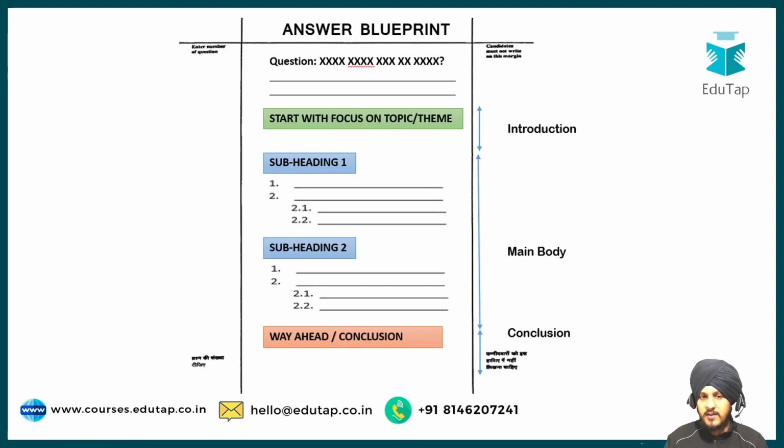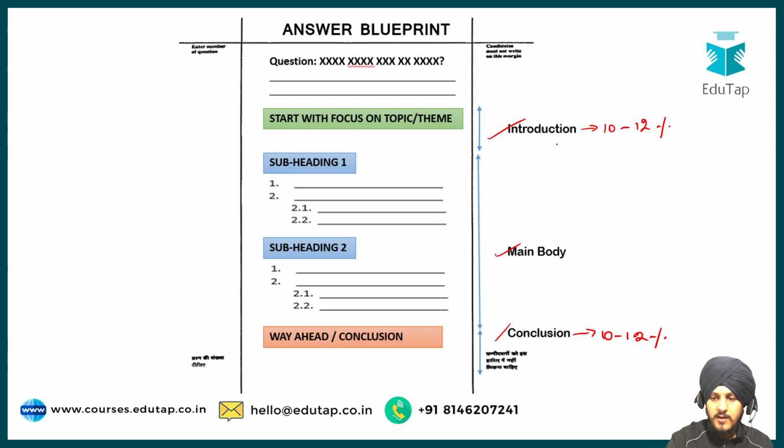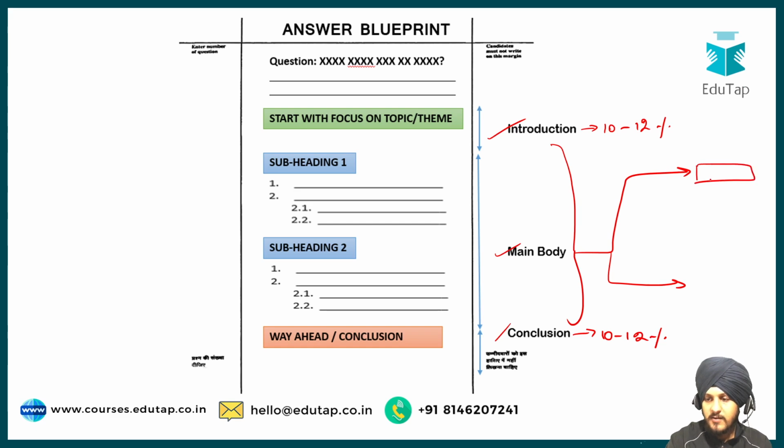As far as the answer blueprint is concerned, we have to divide our answer into an introduction, the body, and the conclusion. And as I always say, the introduction should be around 10 to 12% of the total word limit, and the same case applies to the conclusion. Then the rest of the word limit should be allocated to the body part, where your body has to be divided in the form of different headings and subheadings.